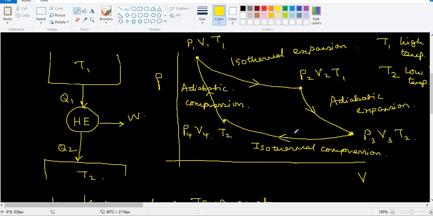So Carnot engine is a hypothetical engine. It's not a real engine, but he says that this is the maximum efficiency that is possible for a given engine which is working between T1 and T2 temperatures.